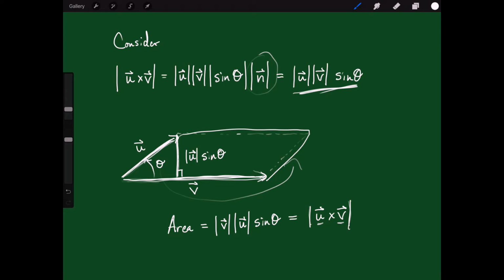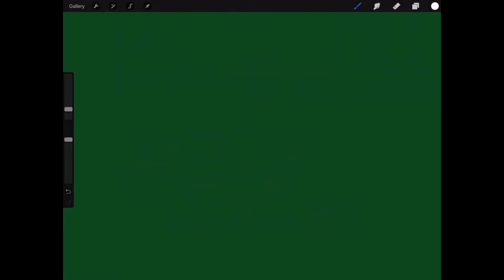All right, so now I want to show you how we actually go about finding a cross product in general. So let's just start with u cross v. All right. So u cross v can be written in its component forms using i's, j's, and k's.